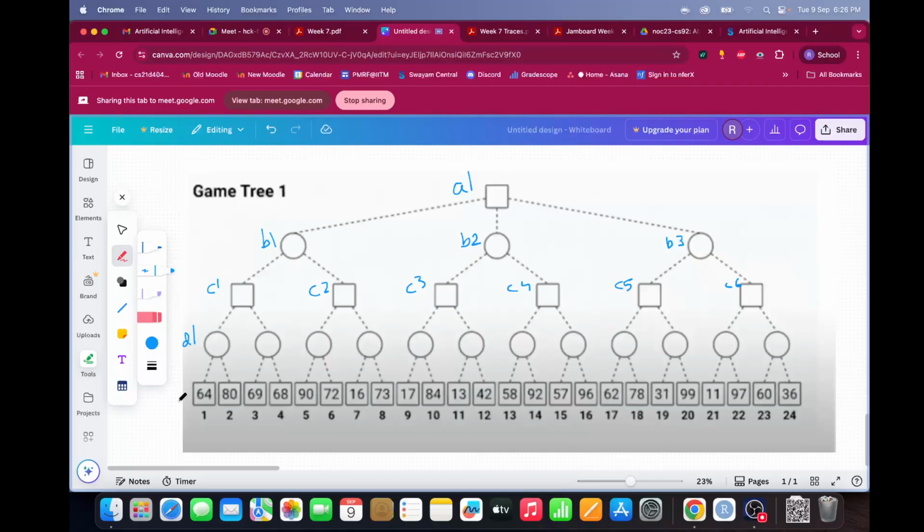D1, D2, and the final layer would be E1, E2 up till E24. So this is a nomenclature that will help us make things more uniform as and when we address them during the solution.